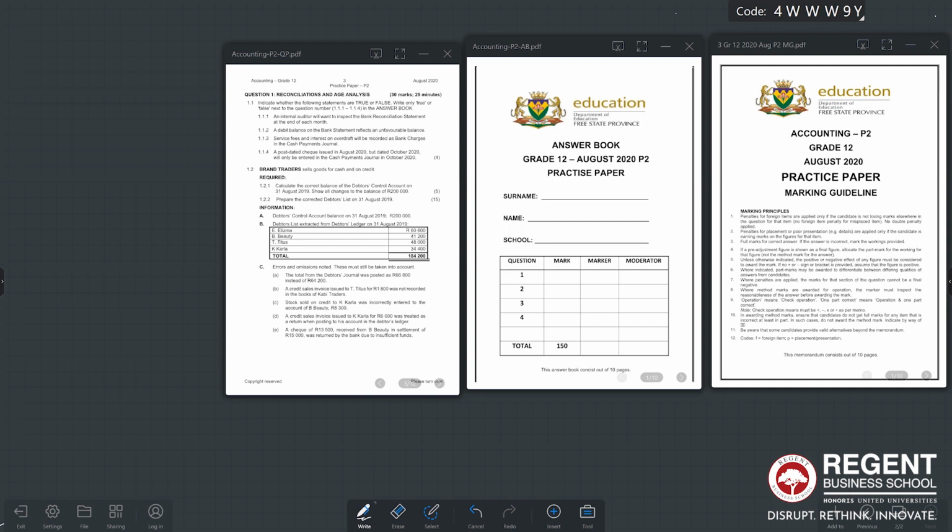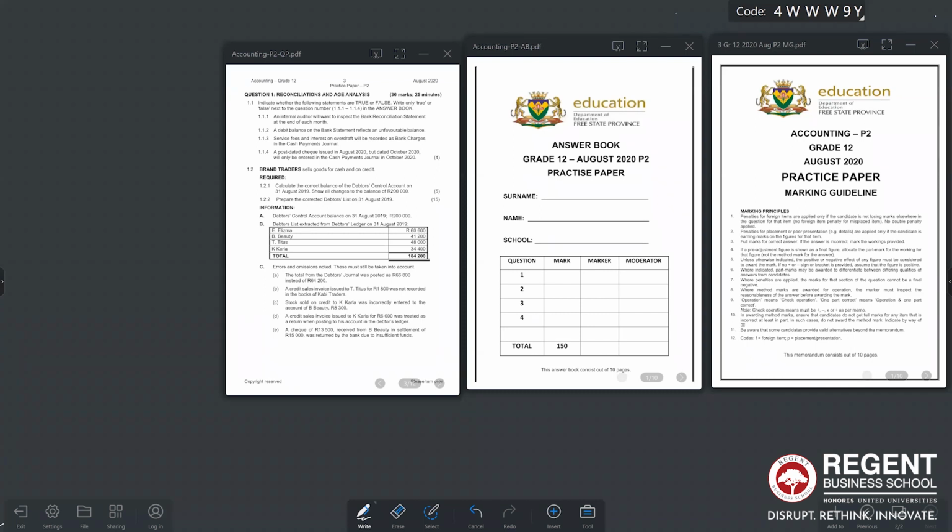I said, let me put the memo so you can see the answers and make notes so that you don't mess up. Right, now let's look at the first question. The very first question says, indicate the reconciliation and age analysis. Age analysis is how old an account is. We're dealing with debtors.